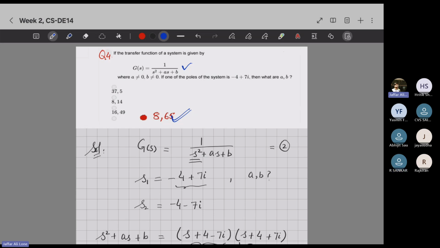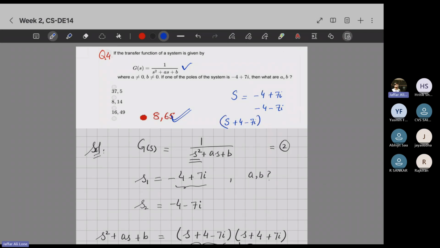What will be the other root? We know it's a complex root, and complex roots occur in pairs. If it is -4 plus 7i, the other root has to be -4 minus 7i. When we write it, it is actually s minus s1 equal to 0, but I can write it like this: s plus 4 minus 7i.